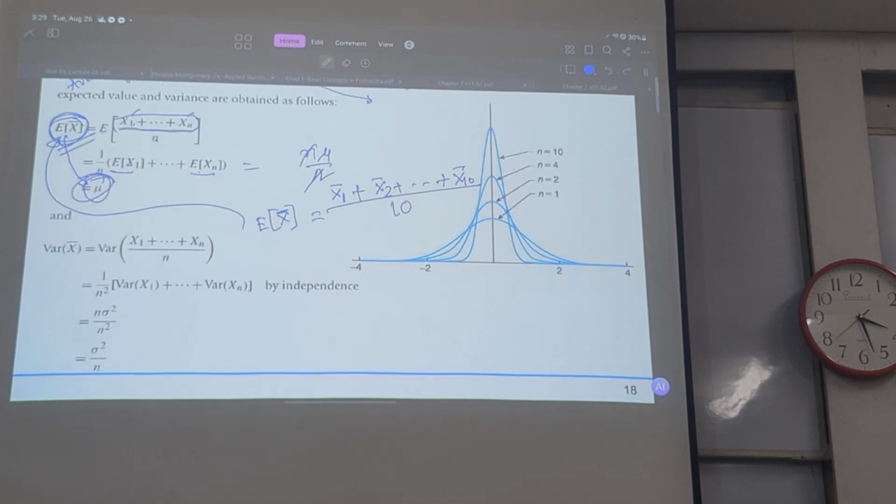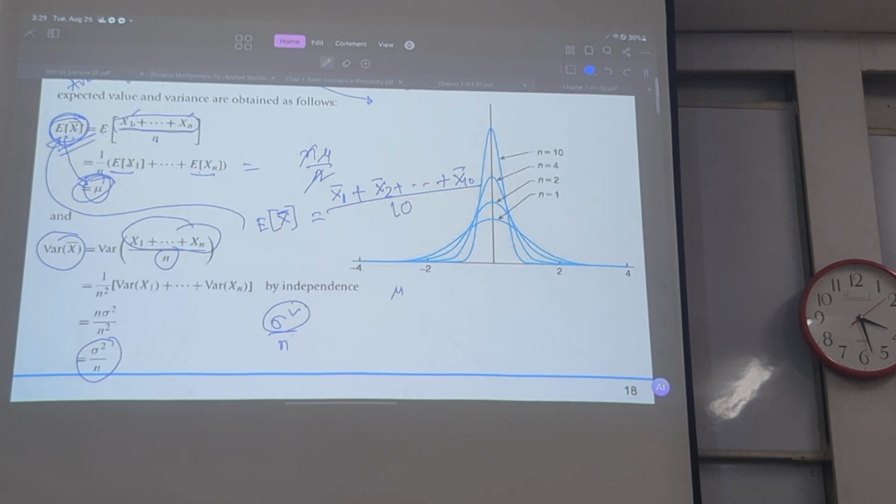Similarly, the variance of the sample mean is the variance of the summation divided by n squared, and we can show that it is sigma square divided by n. So the average of the sample mean becomes the population mean, and the variance of the sample mean becomes the population variance divided by n.